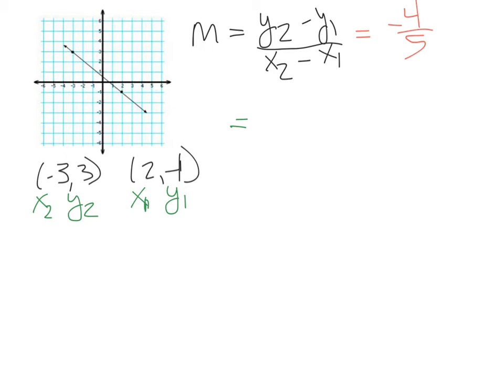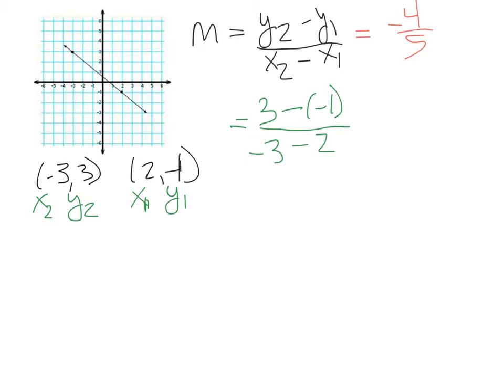So we have 3 minus a negative 1. Remember, even though this is a minus sign and that's a negative, we still got to use both of those. So it's minus a negative 1 over negative 3 minus 2. We've got a minus a negative in our numerator.